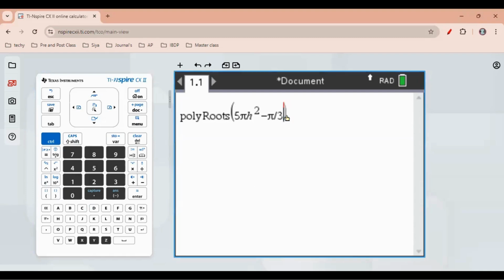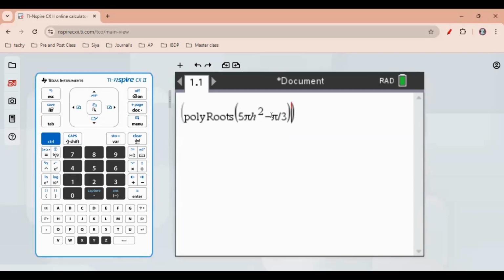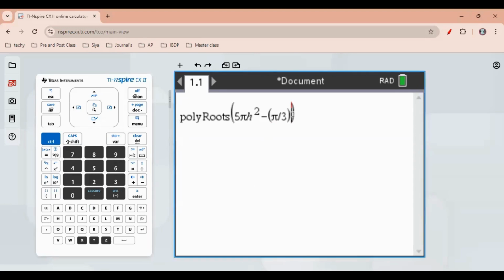Pi over 3, and then h cube. Otherwise, it will be calculated as pi over h power 3. Right. And equals, sorry, minus 200.